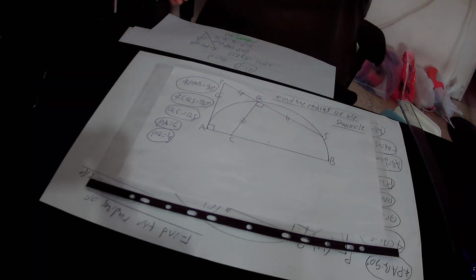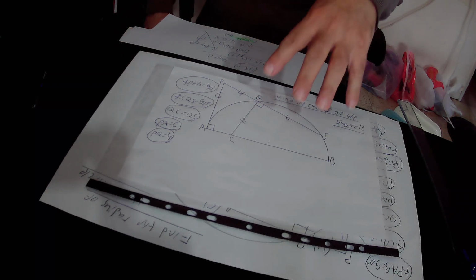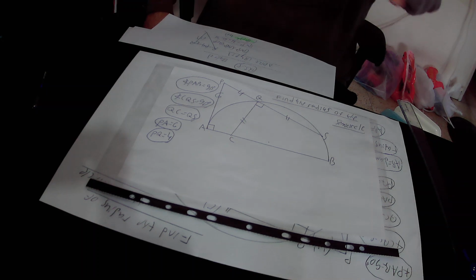In this lecture, we found out the radius of this semicircle. So in the drawing, we have a semicircle.